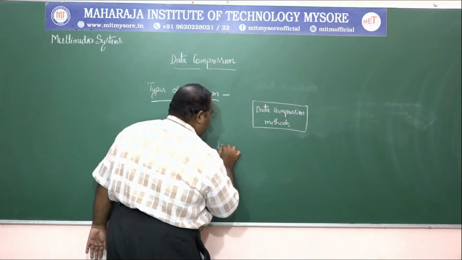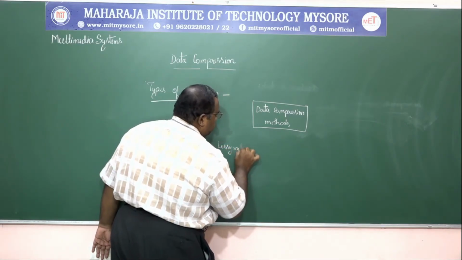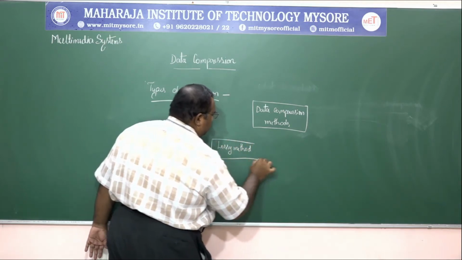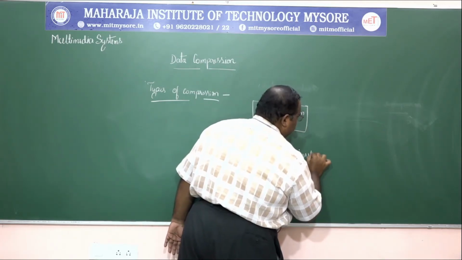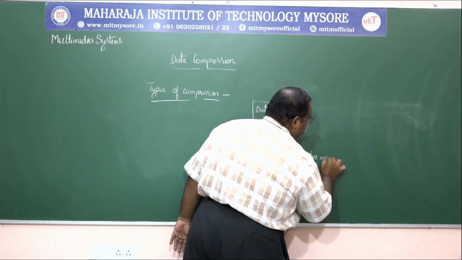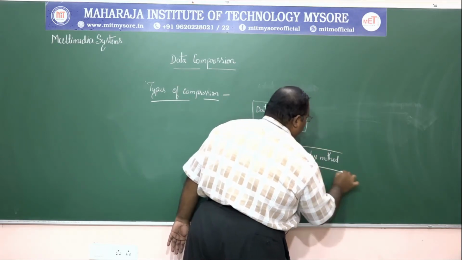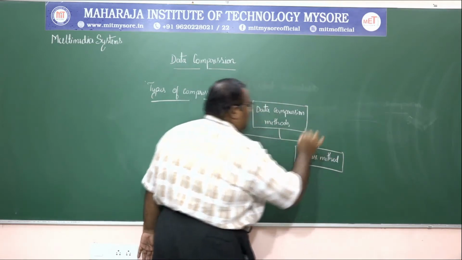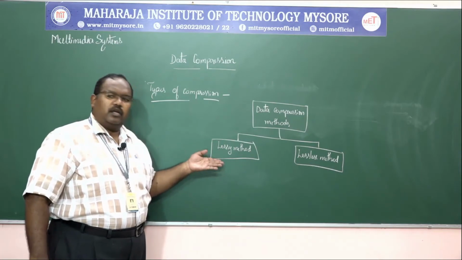The first one is the lossy method, the second one is the lossless method. What are the things that come under lossy methods?